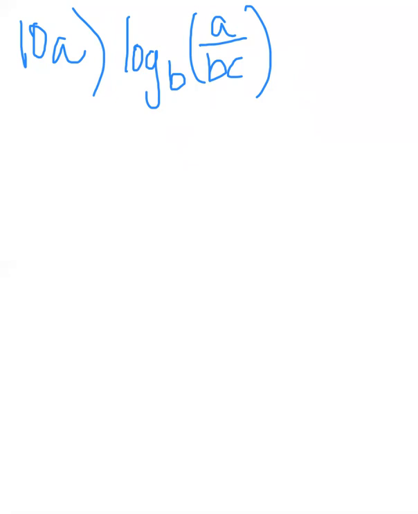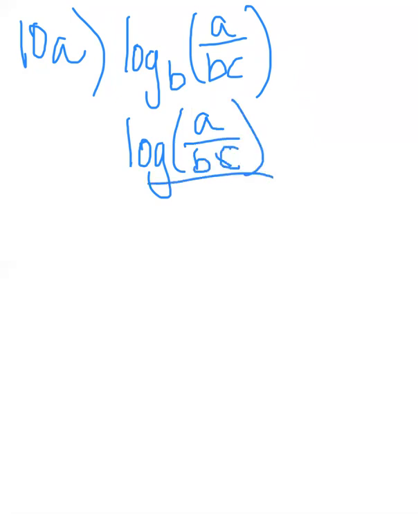Therefore, I have to change log base B into log base 10, which means I need to use my change of base formula. So now I know that this is the same thing as log of A over BC divided by log of B.